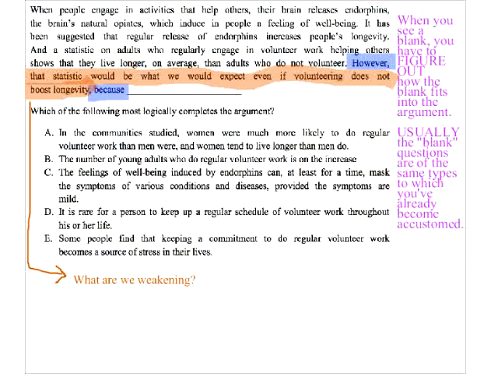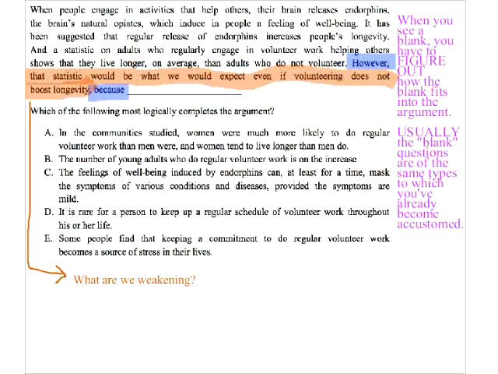Weaken the claim that adults who regularly engage... I don't know what claim, Sunil, I don't know what claim you're talking about. The statistics can't be wrong. So, no. Remember, statistics are facts. Okay? So you cannot weaken the statistics.